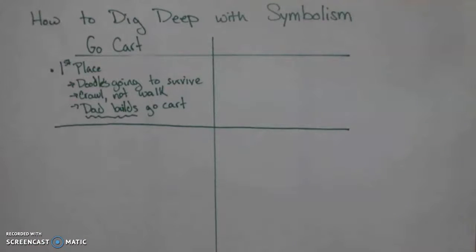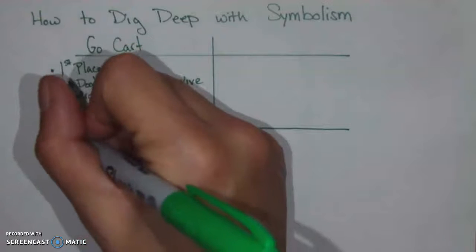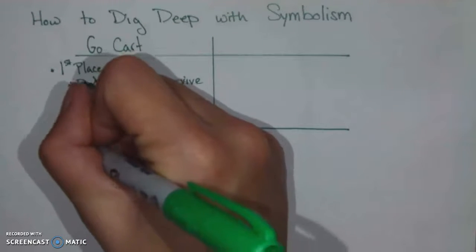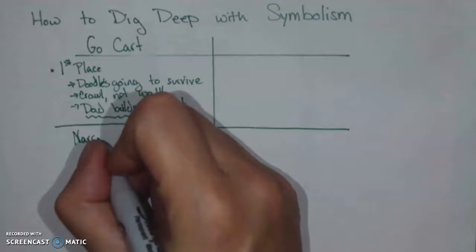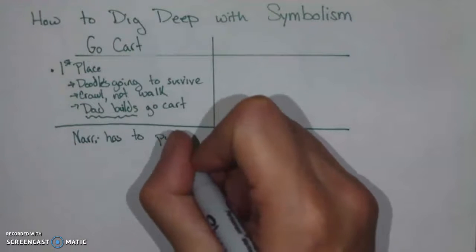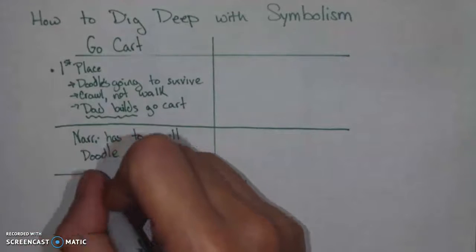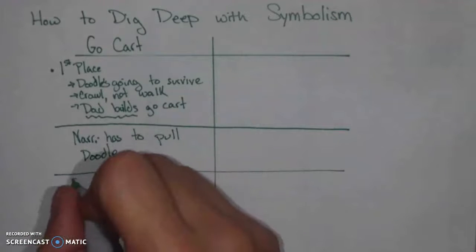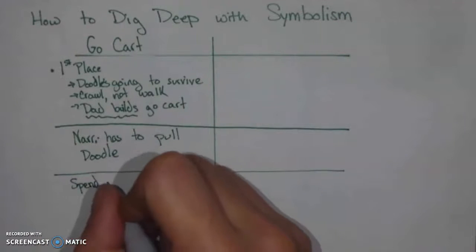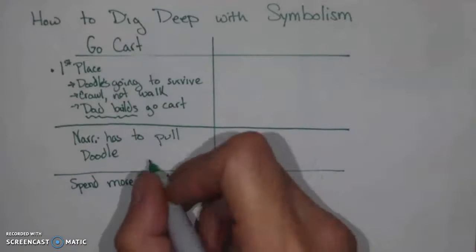I'm going to pick what I consider key instances where it's mentioned. It's mentioned that the narrator of the story has to cart his brother around. He has to pull Doodle. But you also find that they start spending more time together because Doodle demands to go everywhere with him.